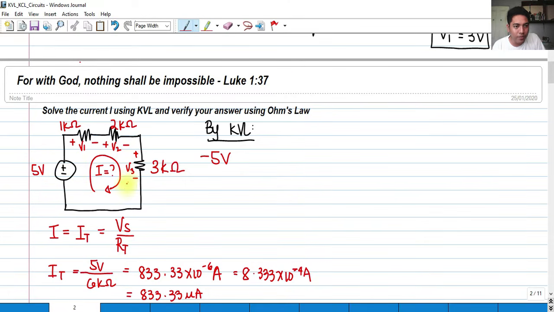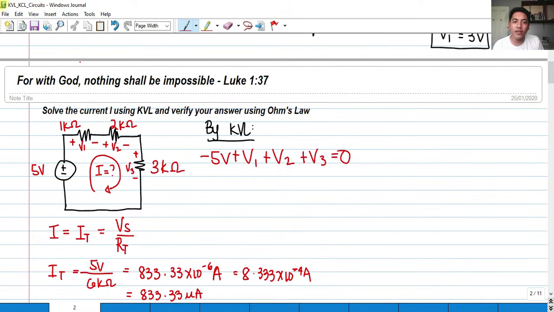Then the next one would be plus V sub 1, because continuing the loop, it enters the positive side of the resistor. Then we have plus V sub 2, and then plus V sub 3, and that is equal to 0 according to Kirchhoff's law.